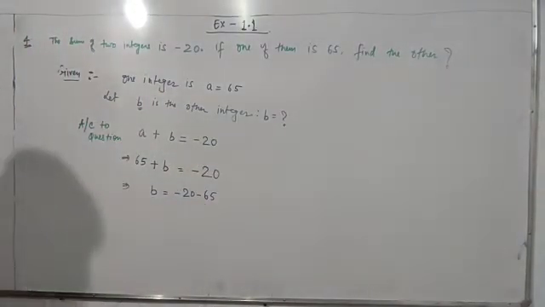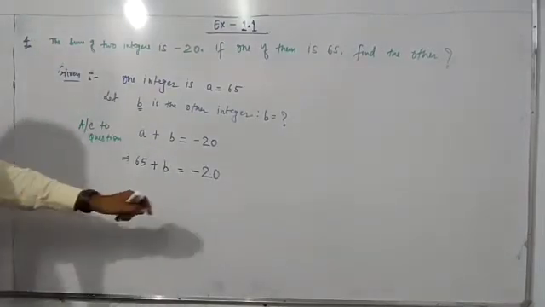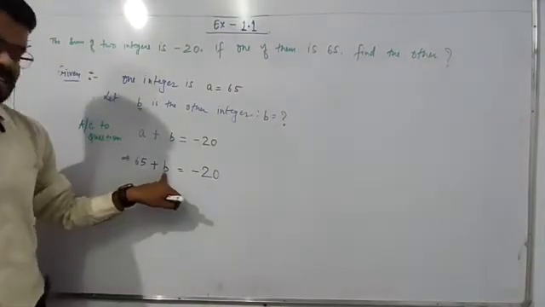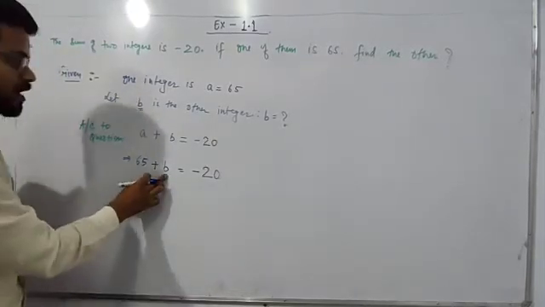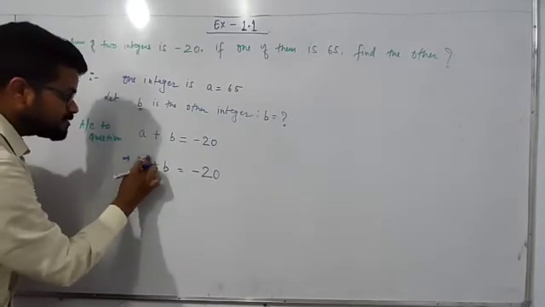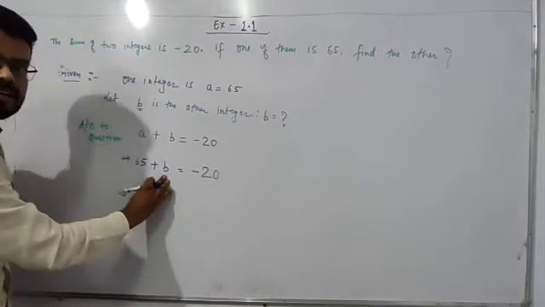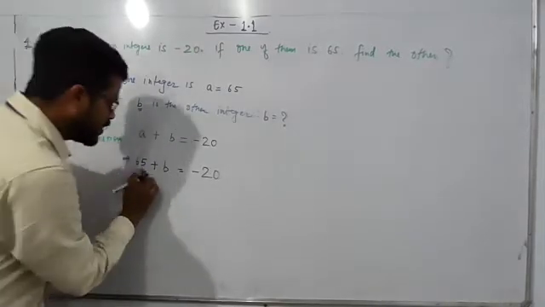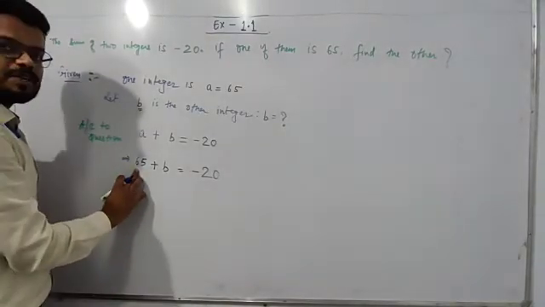Or in a simple way, we also do it like this: always try to make the unknown value alone. So how will b be alone? If this 65 becomes 0, then b will be alone. So how will this 65 be 0?